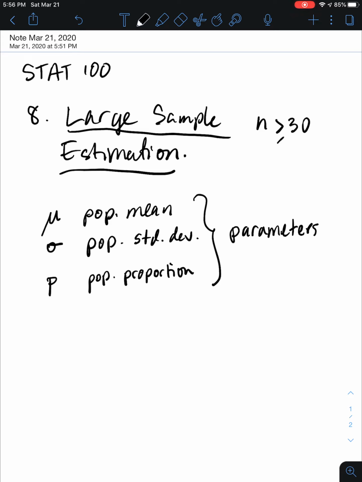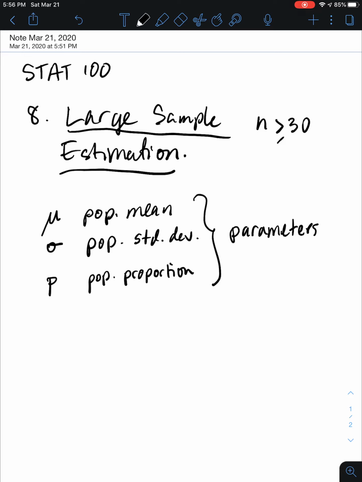When I say women smoke less than men, I'm talking kind of hypothetically about all women versus all men, and I can't possibly survey all women because there are women who haven't been born yet, for example. So I generally cannot determine these population parameters exactly.